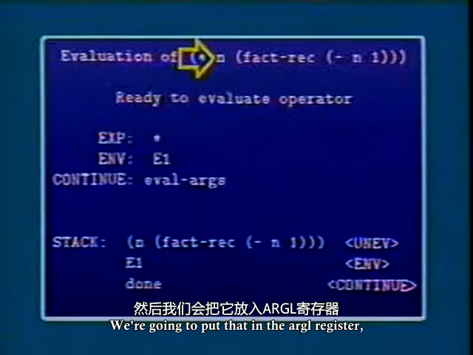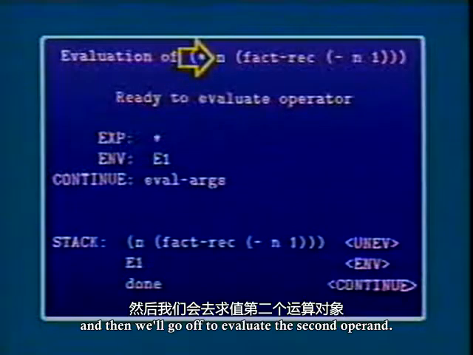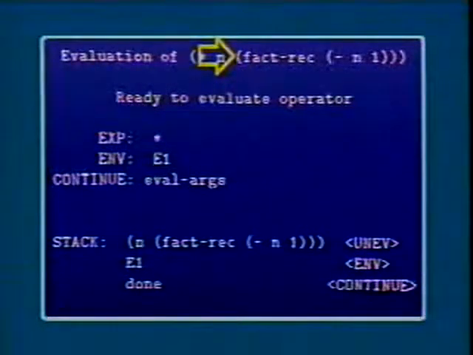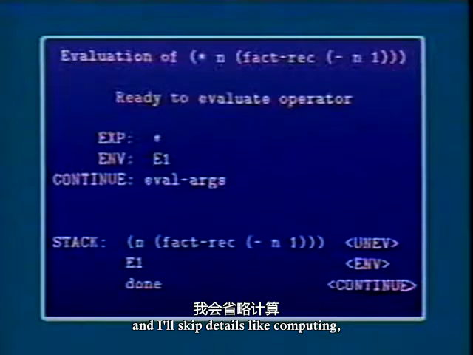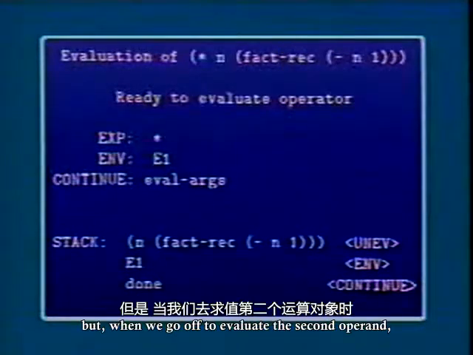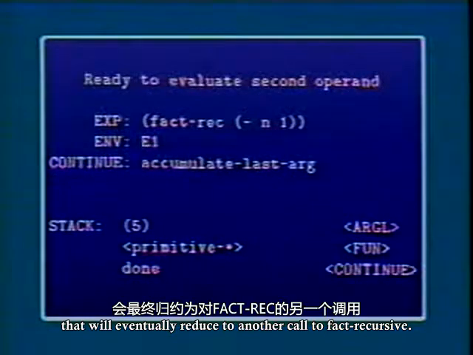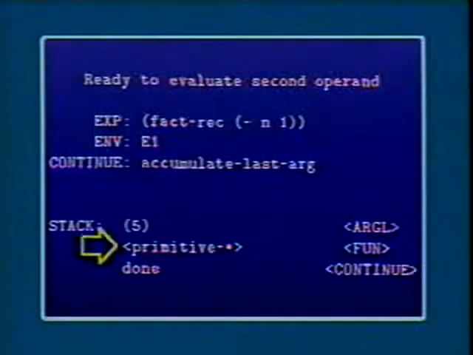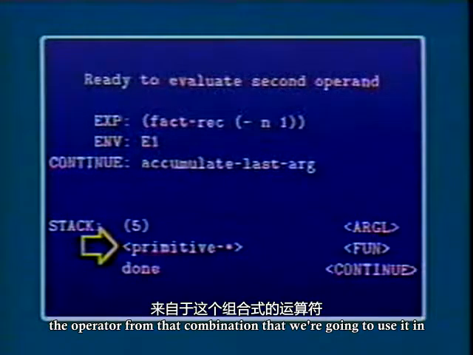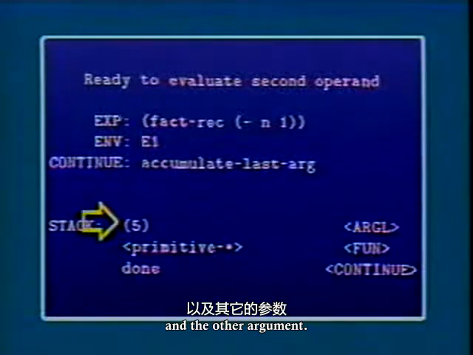We're going to put that in the argl register, and then we'll go off to evaluate the second operand. I'll skip details like computing n minus 1, but when we go off to evaluate the second operand, that will eventually reduce to another call to fact recursive. And what we've got on the stack here is the operator from that combination that we're going to use it in, and the other argument.